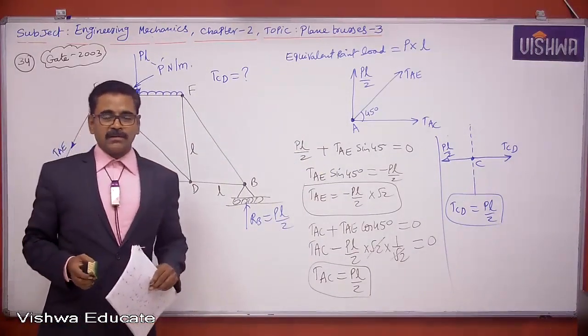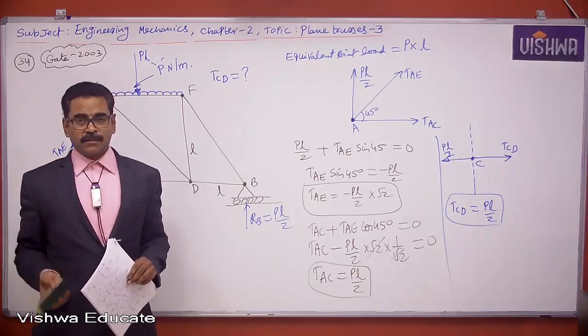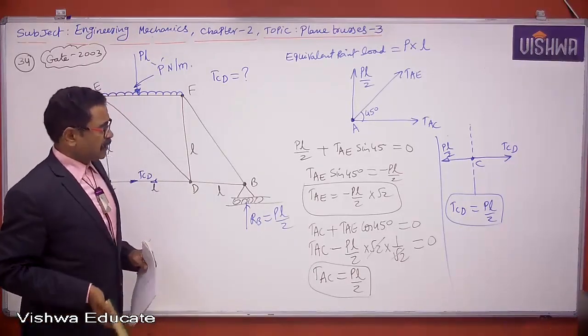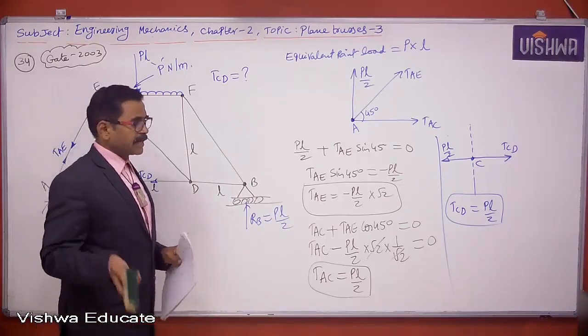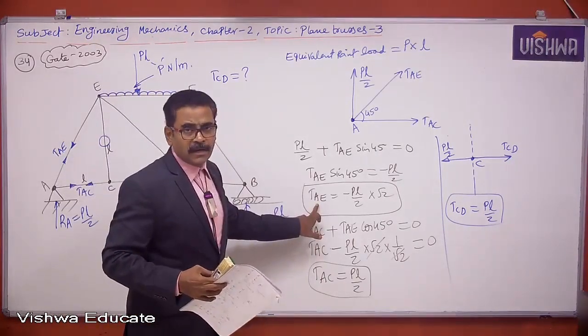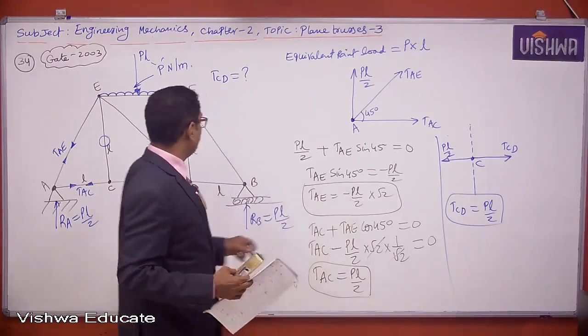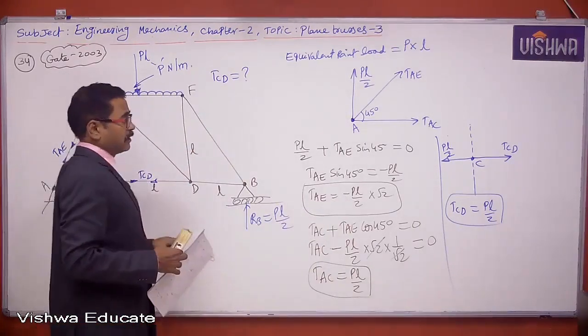In the method of joints, I assume every member carries tension. Then I do my job. If I get a positive value, it is tension. If I get a negative value, it is compression. For example, here I assumed member AE carries tension, but I got a negative value. That means member AE definitely carries compression.